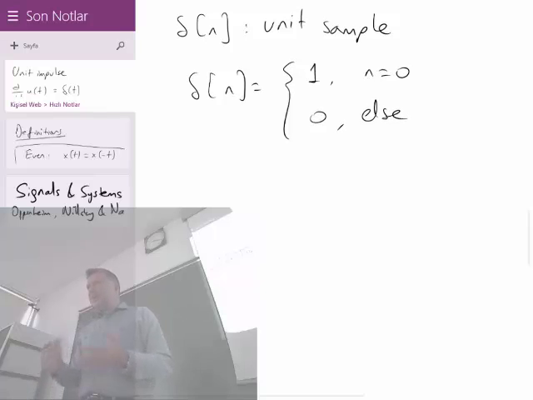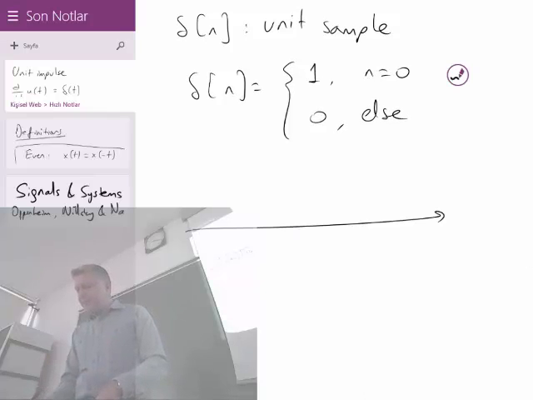Now, as I said, I didn't show you how to draw discrete time functions yet. Of course, you know how to draw continuous time functions. You just draw it. And now you also know how to put an impulse there, by an arrow. But the discrete signals are drawn like this. The axis is n, and the axis intervals are integers, of course. This is a unit impulse at n is equal to 0, notated with a large black dot at the position of 0. And all the other black dots are zeros.